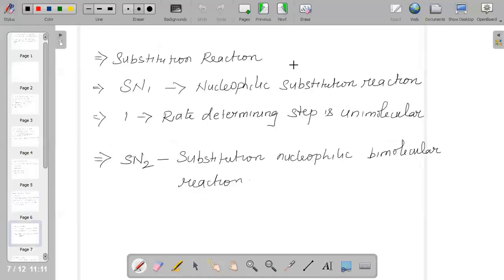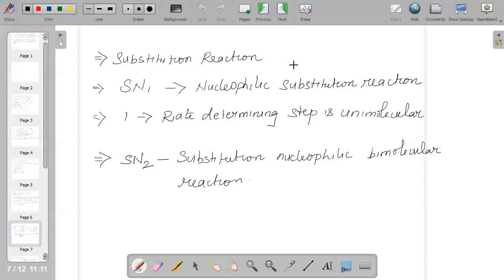And when we are talking about reactions, we have different reactions in haloalkanes. The most famous is the substitution reaction, and this is the base for understanding that nucleophilic substitution reactions are the most common reactions of alkyl halides.